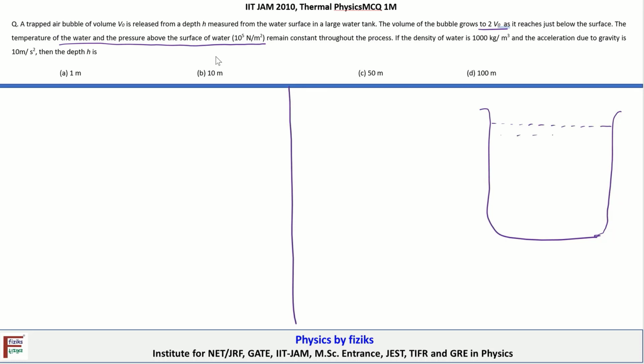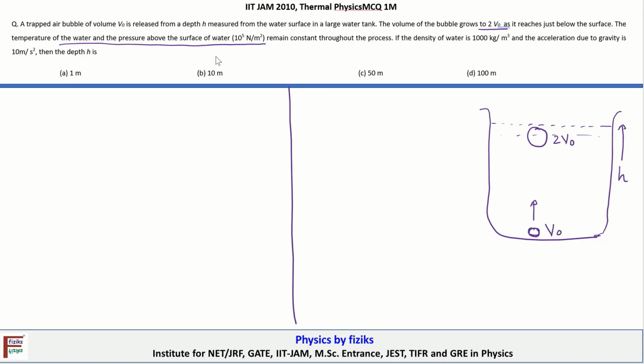So here we have water, and we have an air bubble here whose volume is V0. This bubble is rising in the upward direction and reaching the surface, but then its volume changes into 2V0.